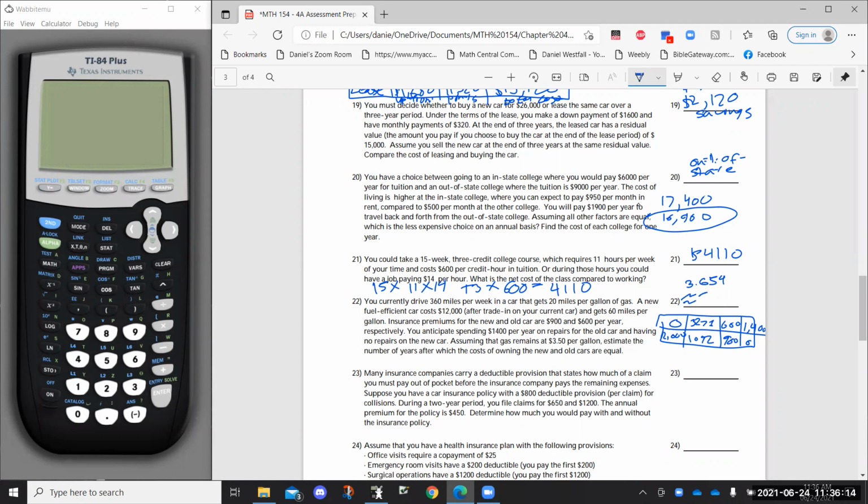So that's going to be 3.7 years. We can just add up those costs and make an equation: this 12,000 plus these costs right here, 1992.